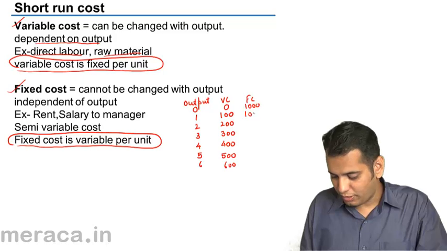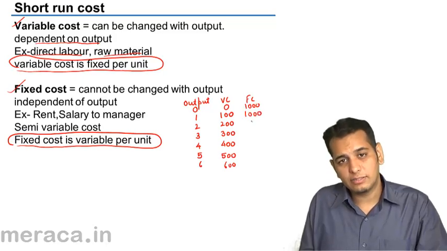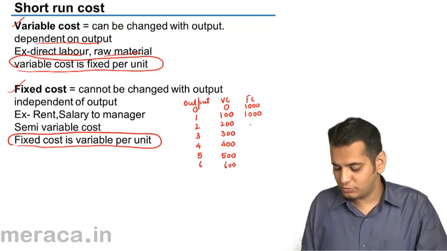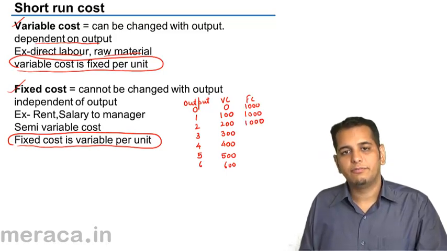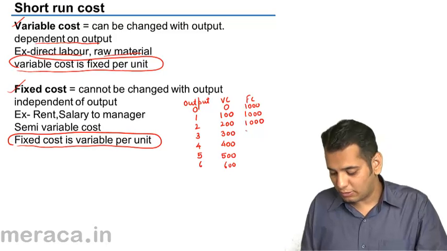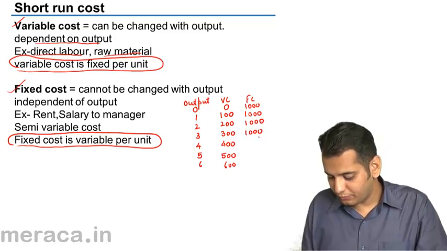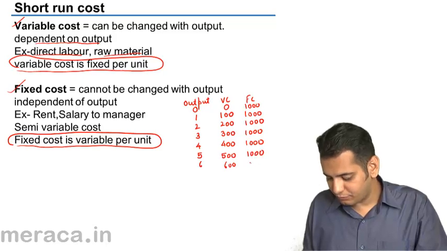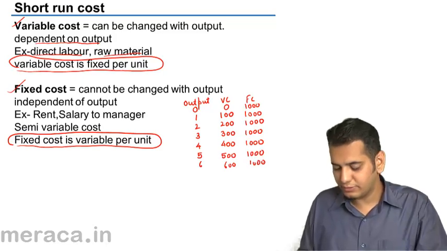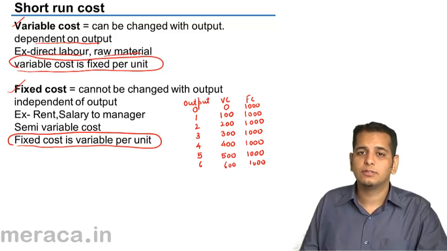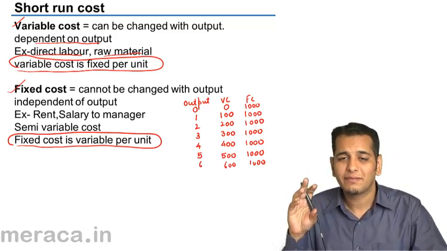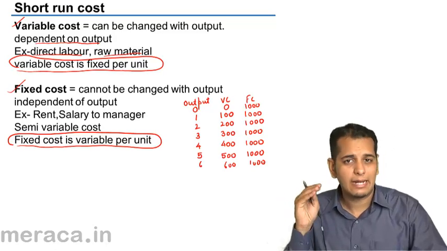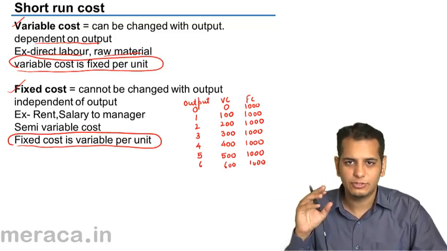If I produce one unit, I'll still have to shell out only 1000. If I produce two units, the fixed cost is 1000. 3 units 1000, 4 units 1000, 5 units 1000, and finally 6 units 1000. So whatever be the number of units that I produce, the rent will not change. The rent will be same at each level.